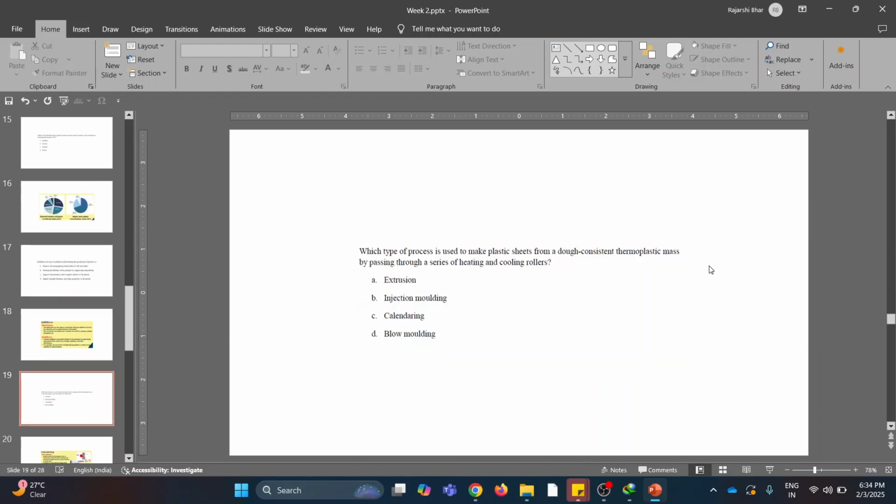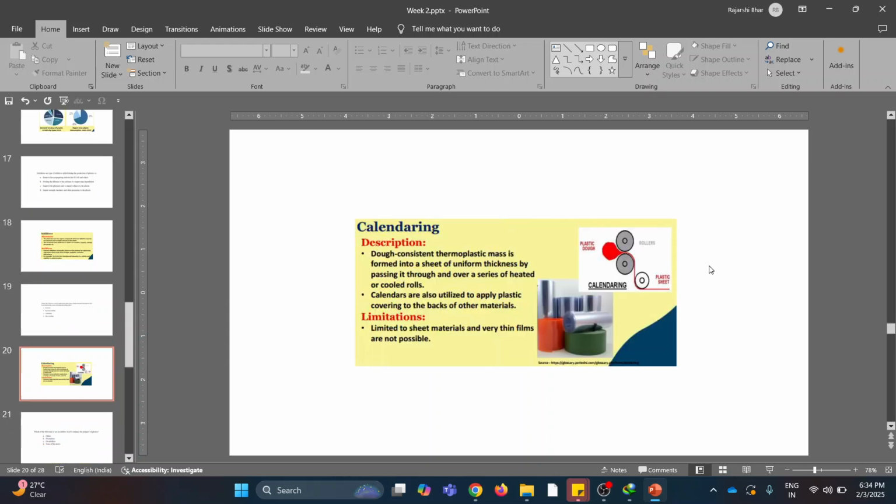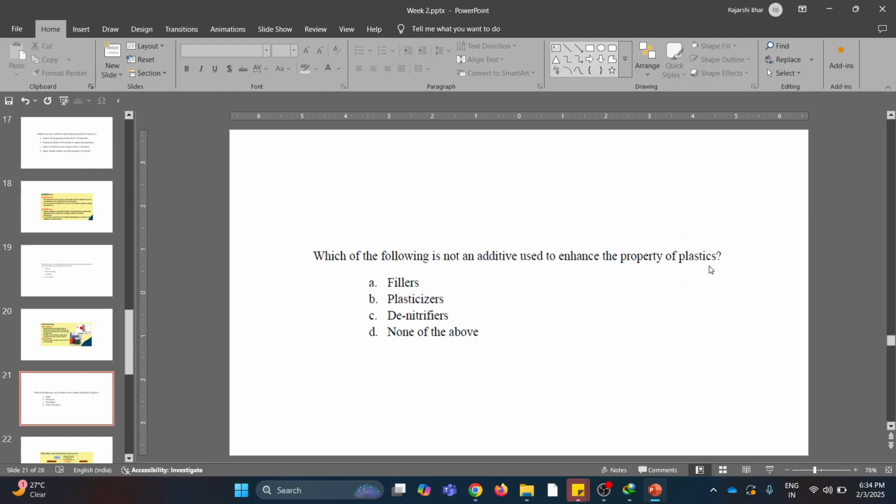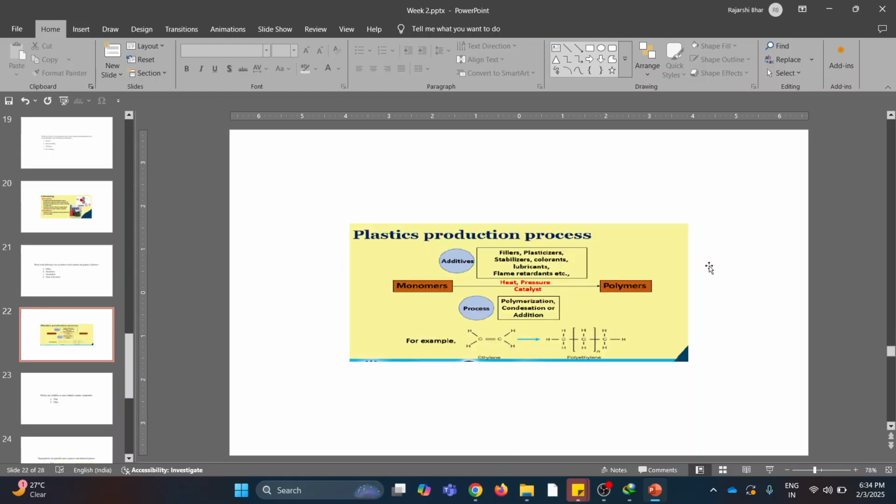After that, which type of process is used to make plastic sheets from dough consistent thermoplastic mass by passing through a series of heating and cooling rollers? So calendering is the option. After that, which of the following is not an additive used to enhance properties of plastics? Denitrifiers, option C is the answer.